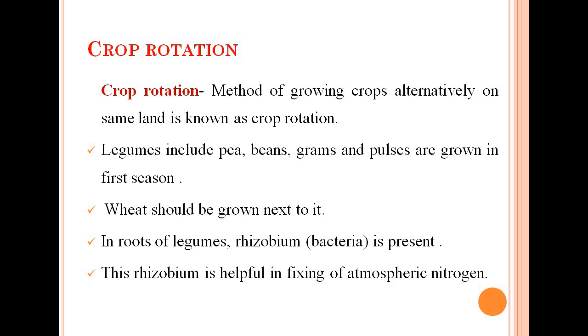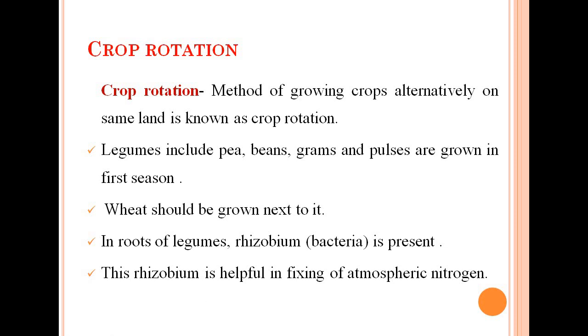That is, the cereals such as wheat, rice or paddy need nitrogen as they draw a lot of nitrogen from the soil. So if we are alternately growing the leguminous plants, then the soil that has become deficient in nitrogen content again becomes rich in that nutrient.